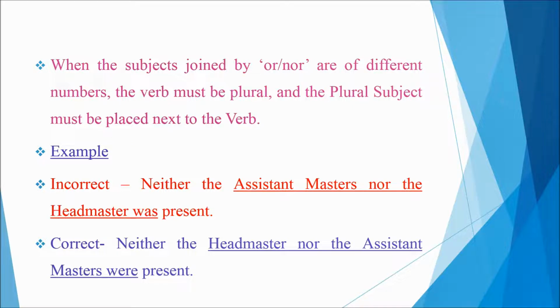No. The correct sentence is neither the headmaster nor the assistant masters were present. Why? Because in the second sentence, the headmaster and the assistant masters are two subjects joined by nor. So, the verb must be plural and the plural subject must be placed next to the verb. So the correct sentence is neither the headmaster nor the assistant masters were present.